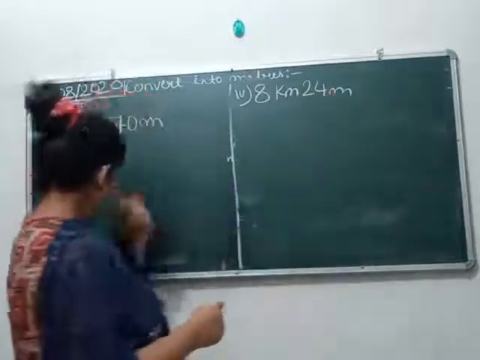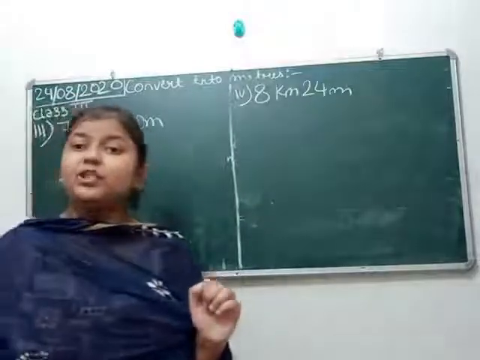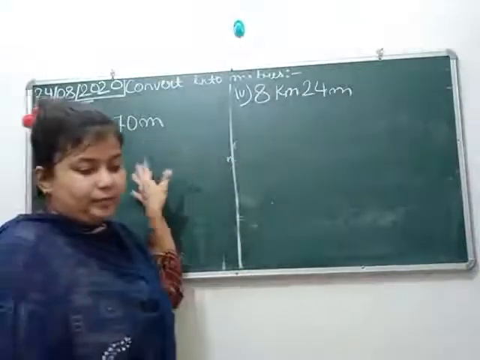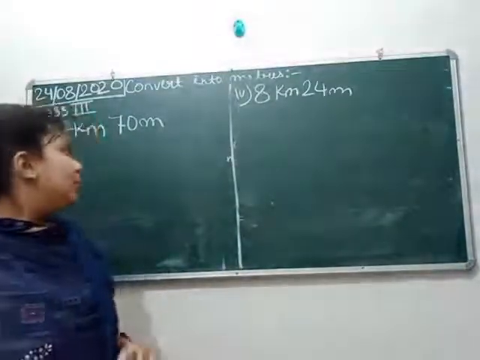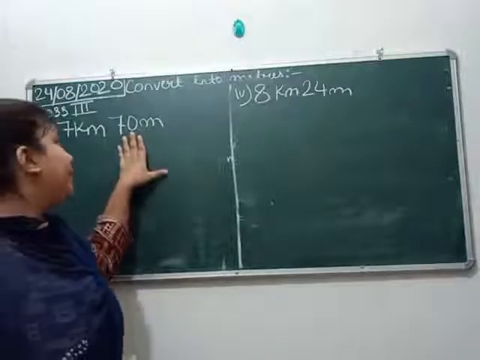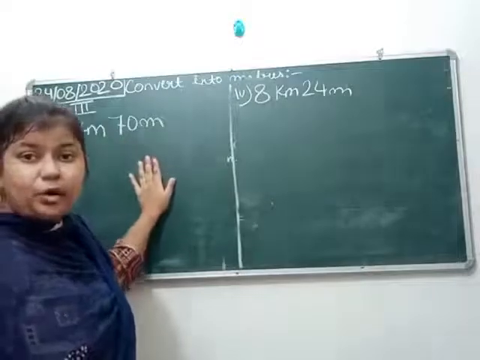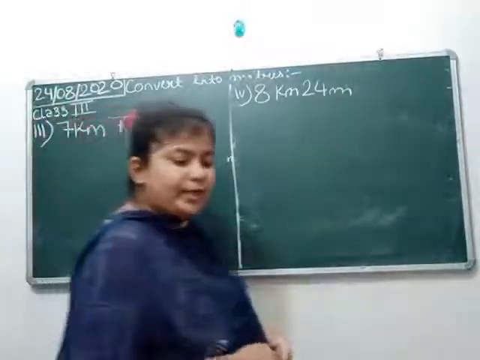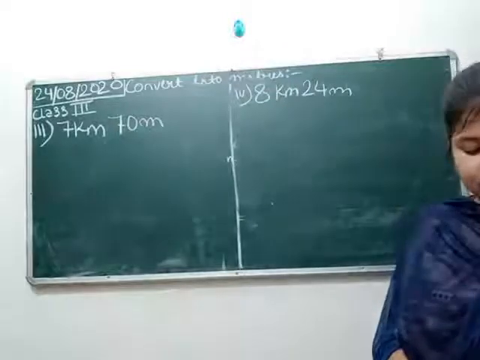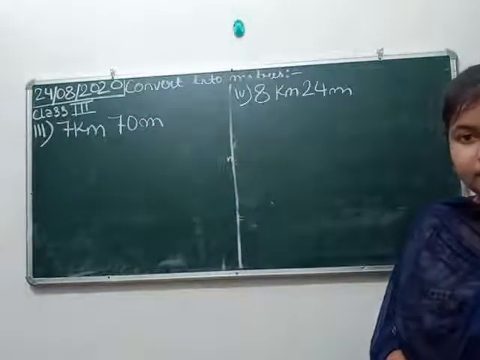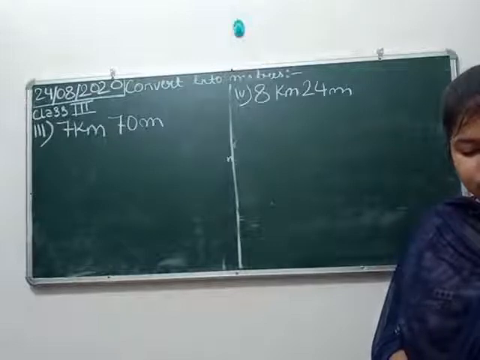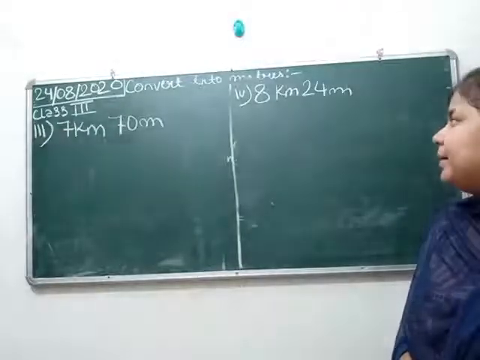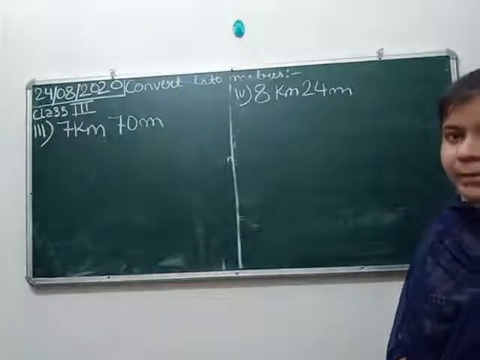Now see, generally meter places consist of 3 digits, but here you can see only 2 digits are given. Most of you often get confused that this is 700 meter. Beta, this is just 70 meter, not 700 meter. So do it. Come on, try it at your level, then I will explain it to you.